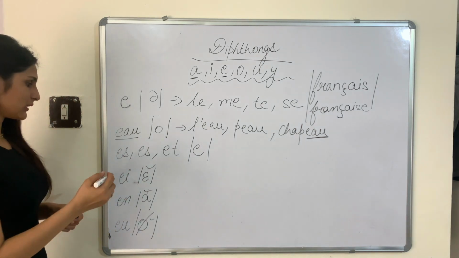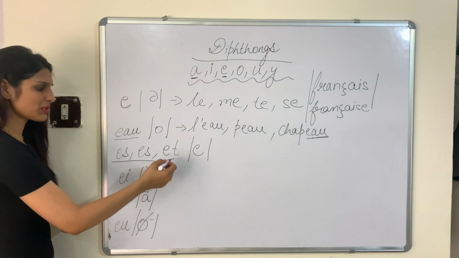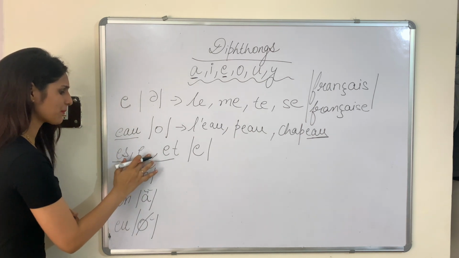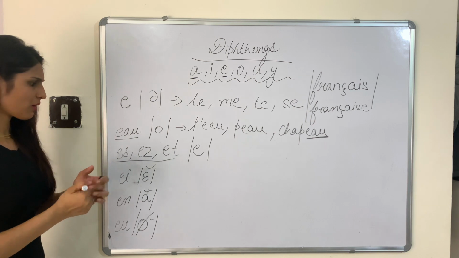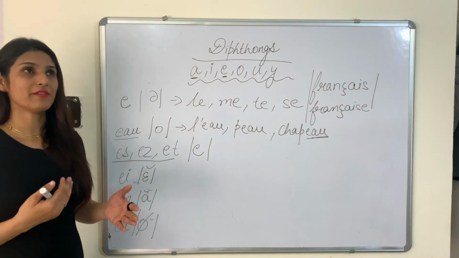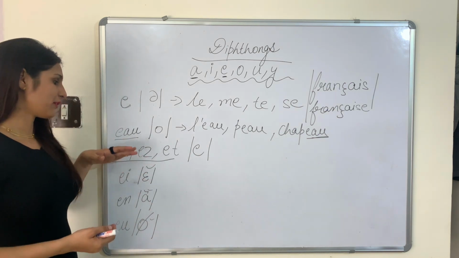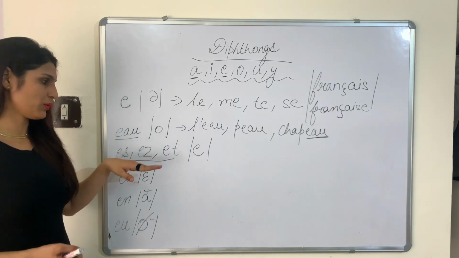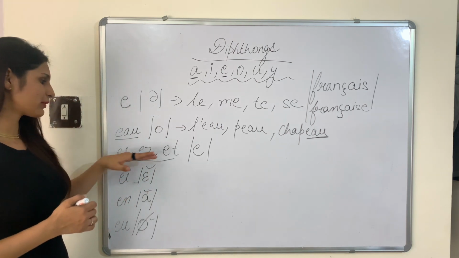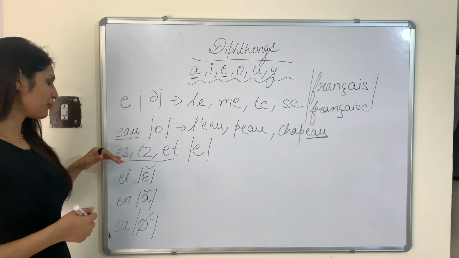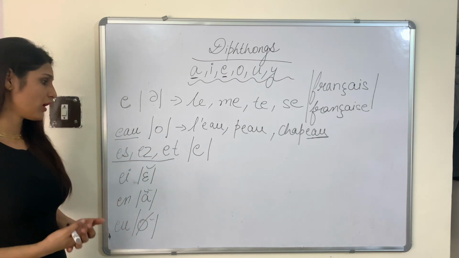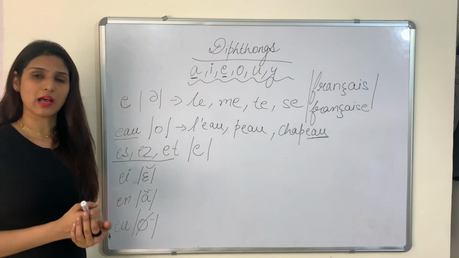Now these three, you must be like, this is es, ez and et. How come they give us the sound of é? Because whenever you're conjugating any verb, they are definitely coming, especially these two, and even this one. Their sound is all three of them only é. How come es, ez, et? Actually, they are monosyllabs.